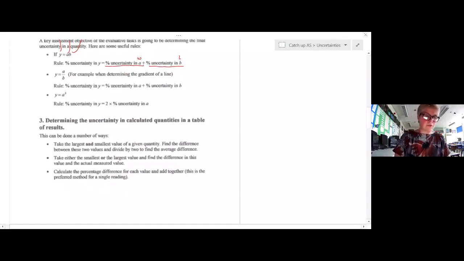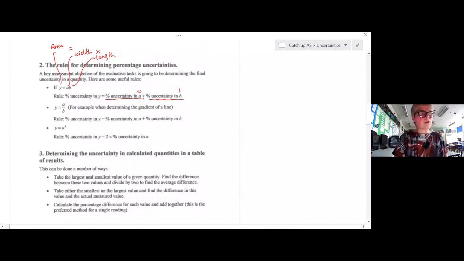Even if you have to divide here and you wanted to work something out and you had a percentage uncertainty for A and B, say, you're using them both once. And even though you're dividing them, you end up adding the percentage uncertainties. You can't add the actual uncertainty because the ratio of that uncertainty to your measurement is very different for the different lengths that you are measuring.